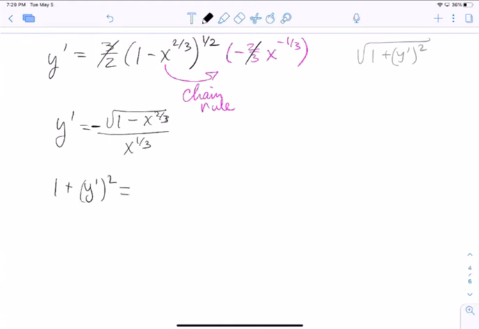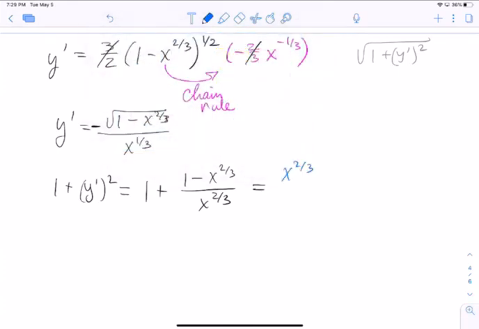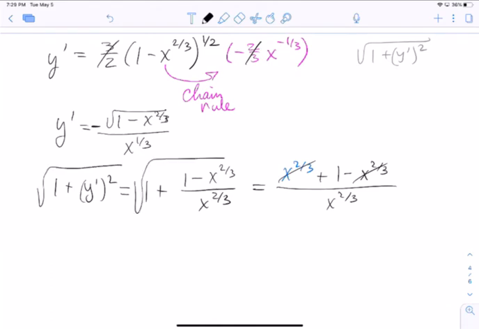will give us 1 plus 1 minus x to the 2/3 divided by x to the 2/3. Getting common denominators is going to give us x to the 2/3 plus 1 minus x to the 2/3 divided by x to the 2/3. And we can see that the x to the 2/3 in the numerator will subtract out. What we really needed, though, was the square root of all that.